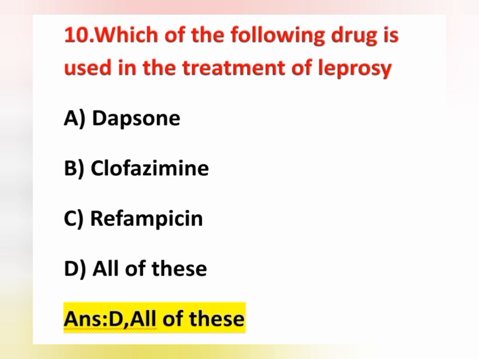Dapsone has leprostatic action, clofazimine has leprostatic and anti-inflammatory action, and rifampicin is bactericidal and the most effective drug. These three drugs are given together for the treatment of leprosy.